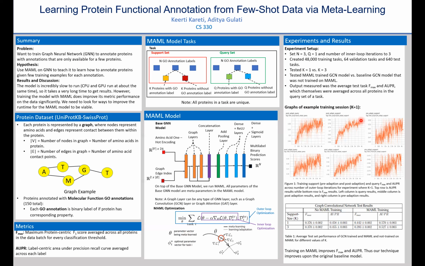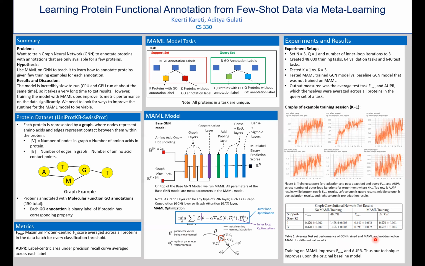Now we're going to go into the table, which shows our classification performance results on the test tasks. You can see that when comparing the non-MAML trained models to the MAML trained models, the MAML trained models have much higher Fmax and AUPR scores for both support sizes that we tested. So MAML training significantly improves the GCN's performance on few-shot data, which was the goal of our experiment.